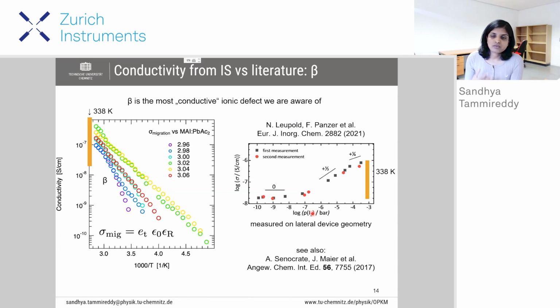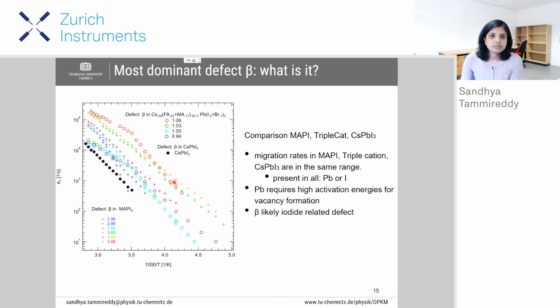However, in order to verify our theory and also validate our own results, we compared our migration rates measured in MAPI at different stoichiometric ratios to triple cation, which is a complex system, and also at different concentrations. So that's what we did here. As you see, these are the MAPI data that I have been showing all the time.